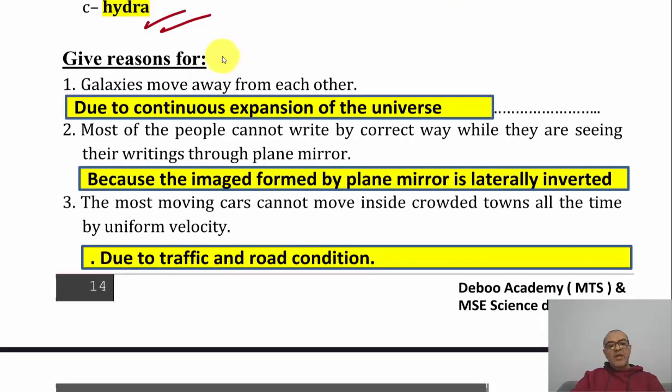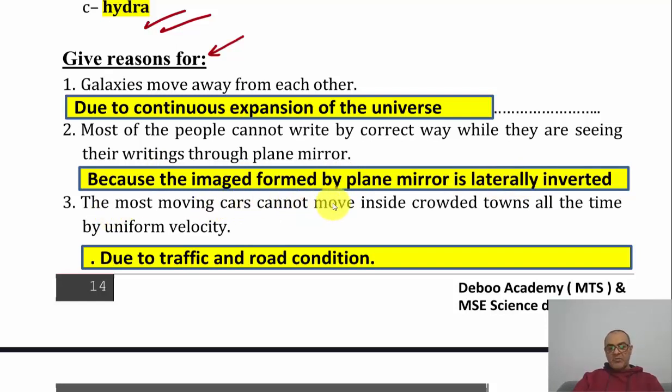Moving to another type of question, which is give reason for. Galaxies move away from each other due to the continuous expansion of the universe. Most people cannot write the correct way while seeing their writing through a plane mirror, because the image formed by a plane mirror is laterally inverted.